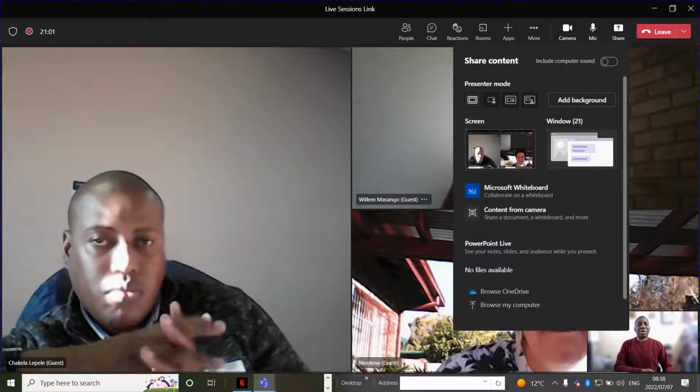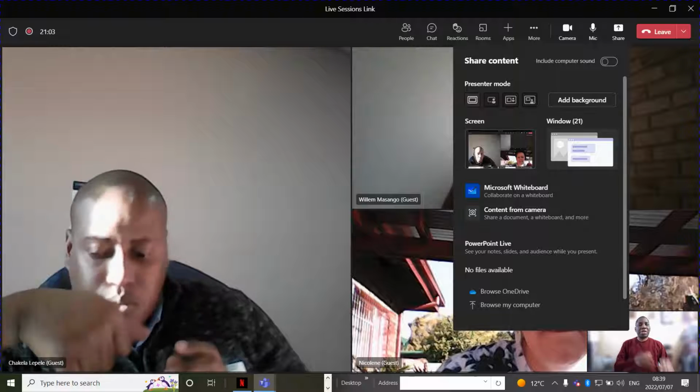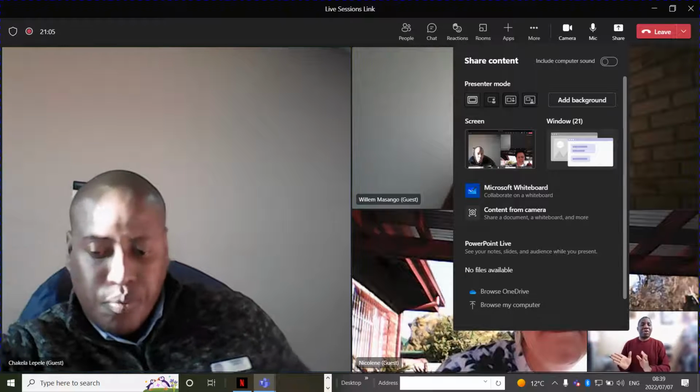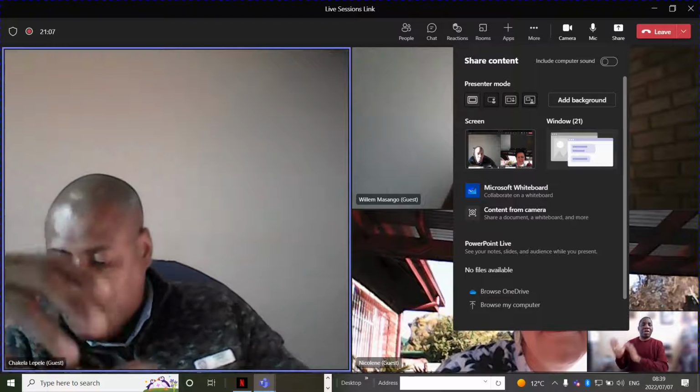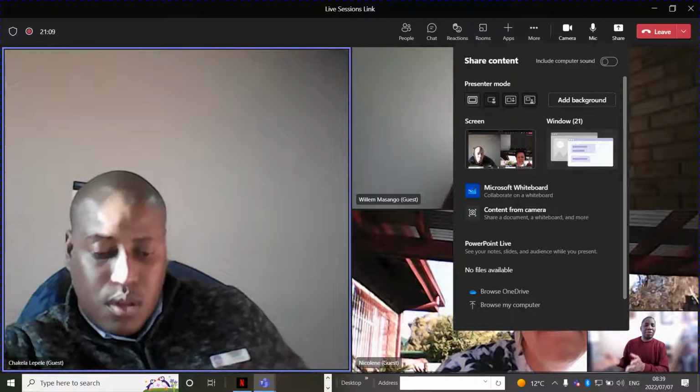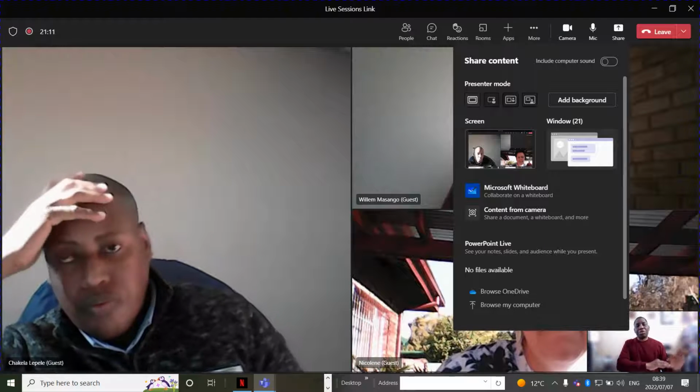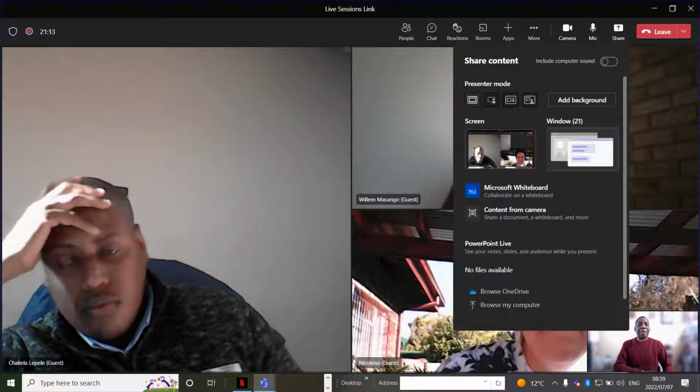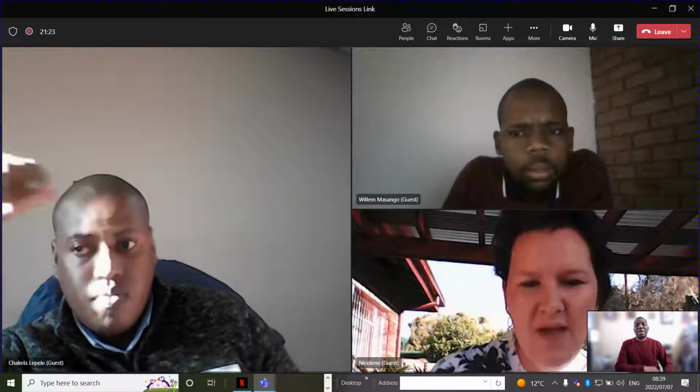But if you choose screen, we will see whatever tab you open on your screen. But if you only want to share a window, you click Window, and then you select the window you want to share, like in this case, the PowerPoint, and then we'll be able to see it. So try that, let's see.